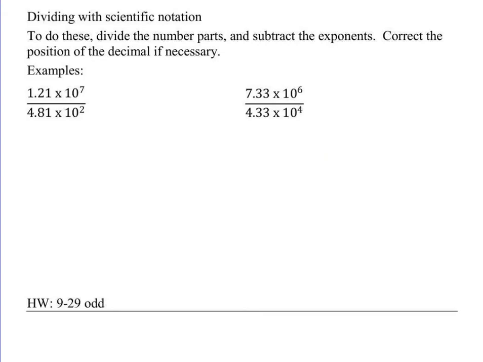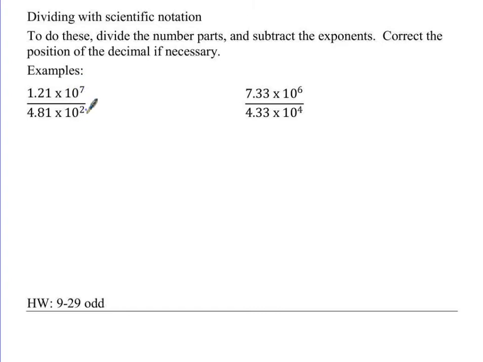Okay, one more thing here, and then we'll get into doing some homework problems. Dividing with scientific notation. In the last few sections, every time we get to the end of the section, we've been seeing scientific notation. And we see that the scientific notation kind of follows the same rules of exponents that we've been learning. And the same thing is true here. So notice that we have a 10 to the 7th divided by a 10 squared.